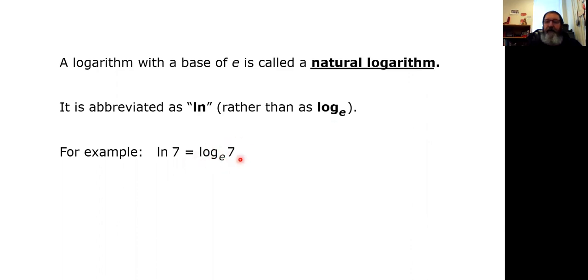That would be correct. Nothing wrong with that. It's just, look at this. The ln, or the natural log of 7, is so much shorter writing. This is the way you will tend to see that written. This is correct, and certainly much more efficient.